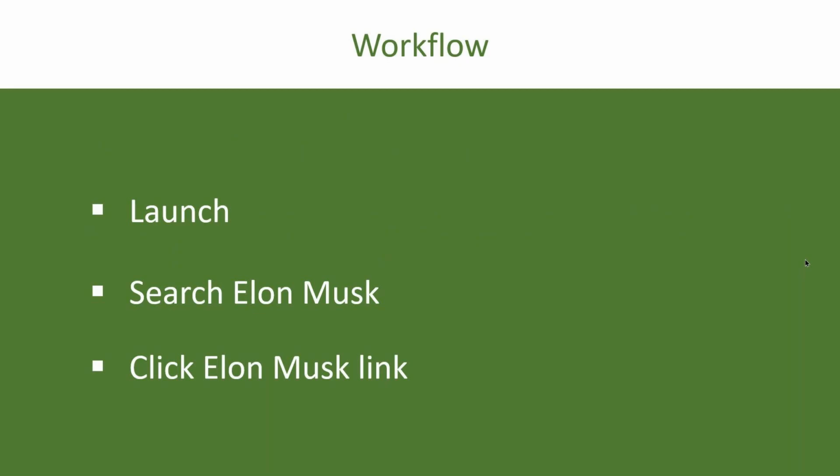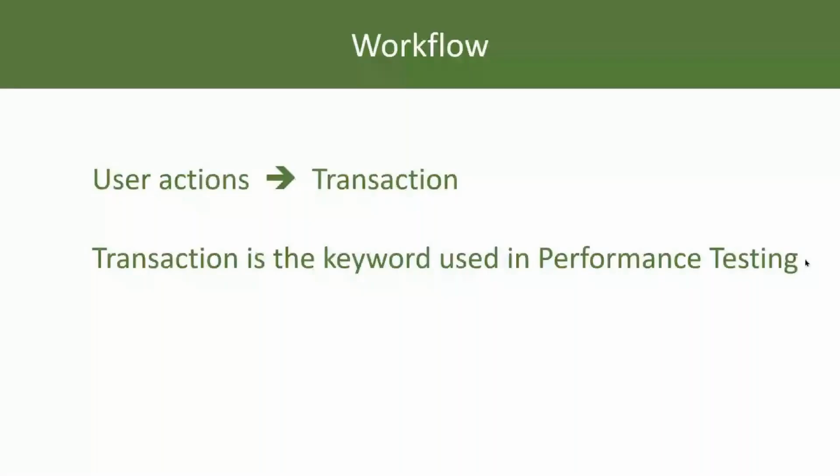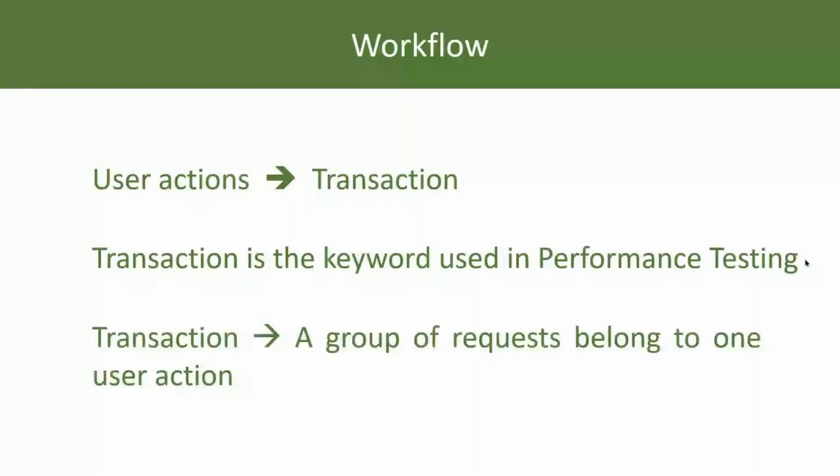We are launching Wikipedia, searching for Elon Musk, and then clicking on the Elon Musk link, right? In performance terms, all these user actions are going to be called a transaction, and transaction is the keyword that is going to be used in performance testing.